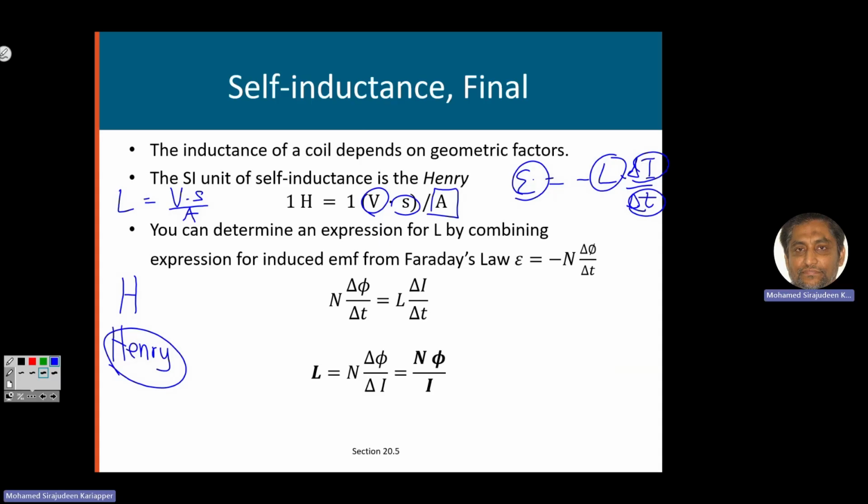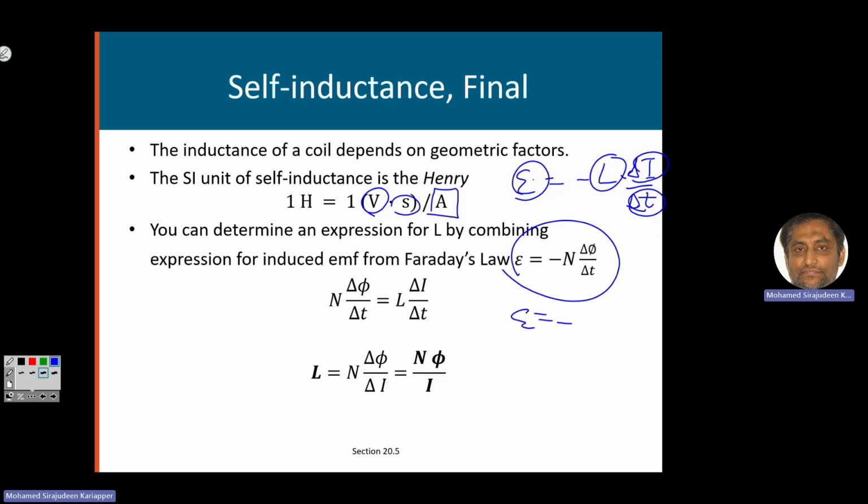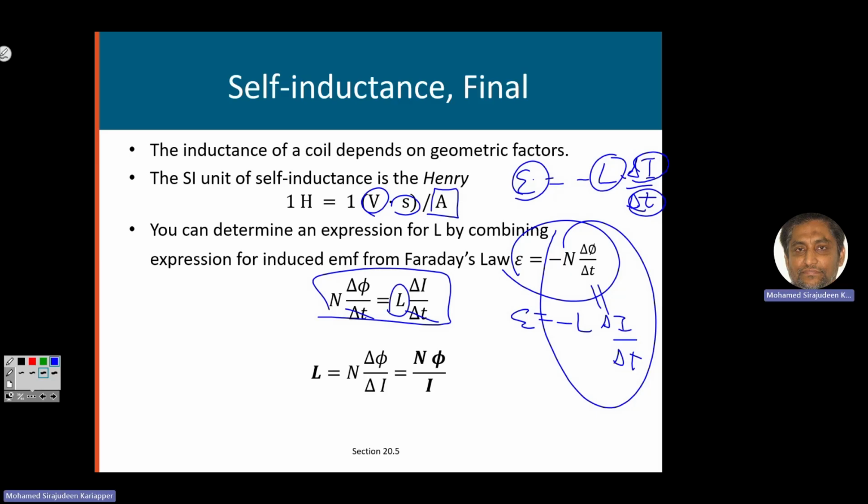Now I can combine Faraday's law with the definition of inductance, these two equations. That means this is equal to this, so I get this, and delta t goes away. By moving things around, delta t cancels with delta t.